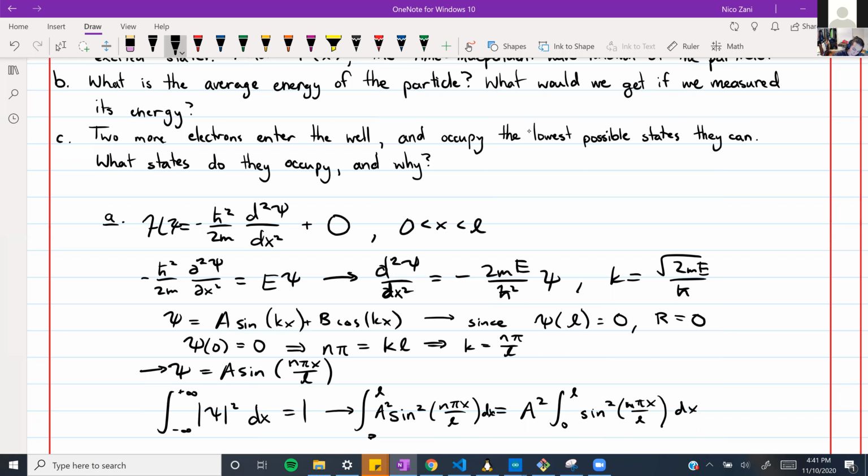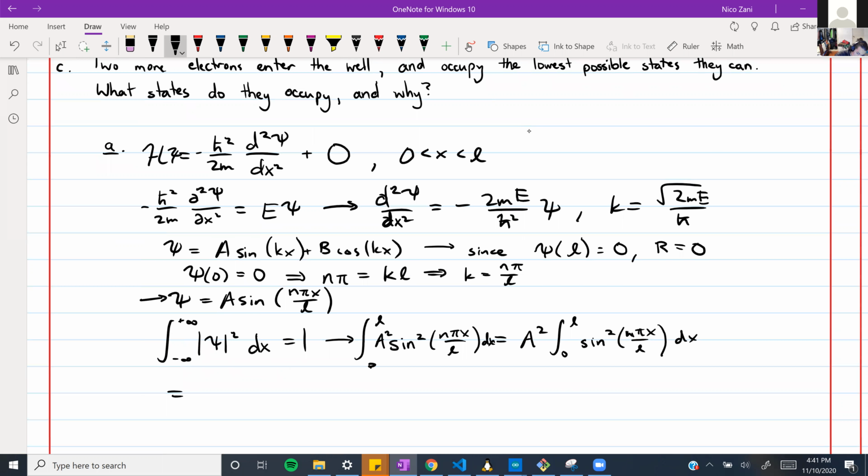I should mention that this integral resolves to L over 2. So A squared times L over 2 equals 1, and this means that A equals root 2 over L. Okay.